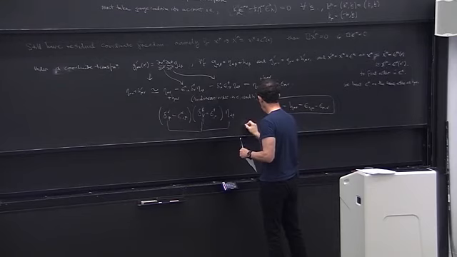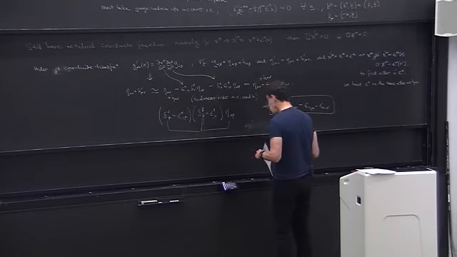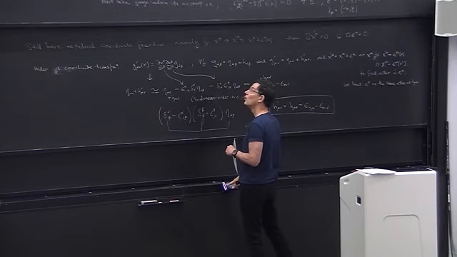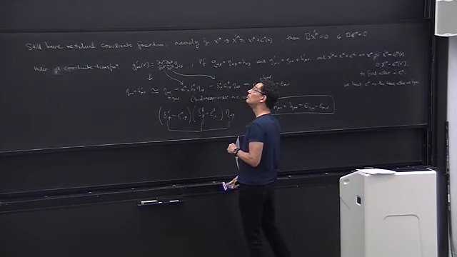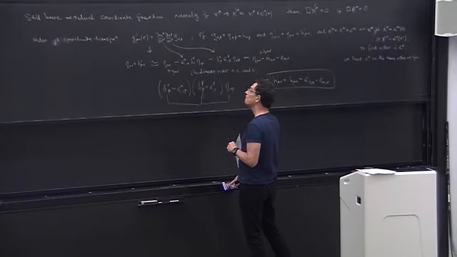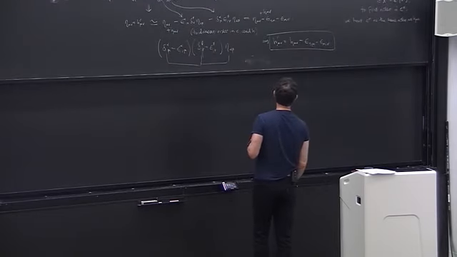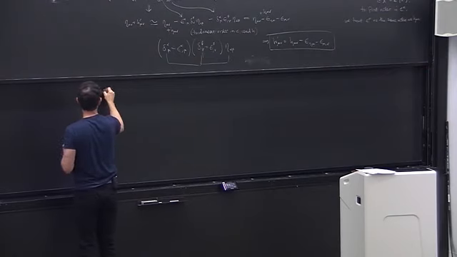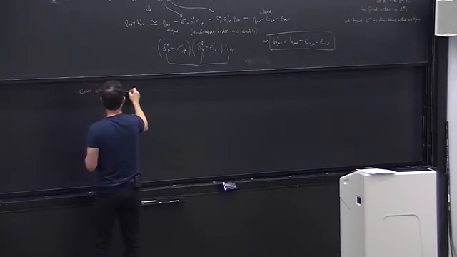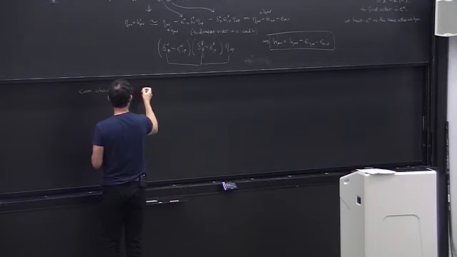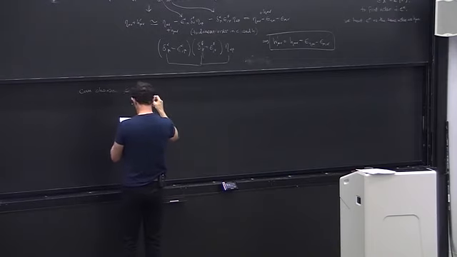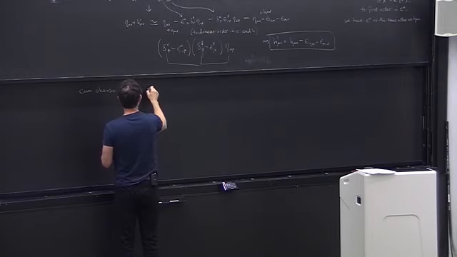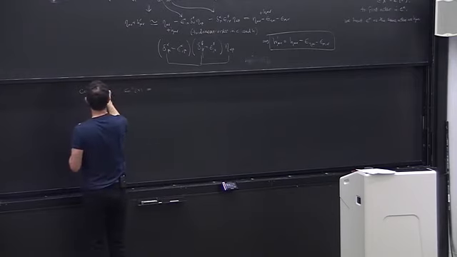So in 2, let me push this up. We can choose epsilon mu. This is our coordinate transformation. We can express epsilon mu.